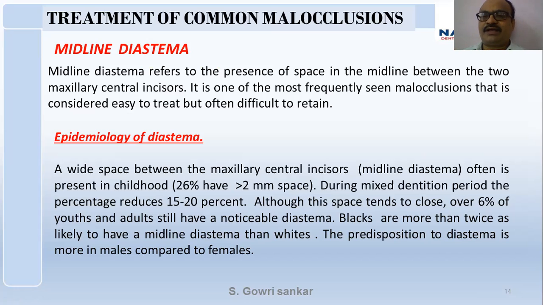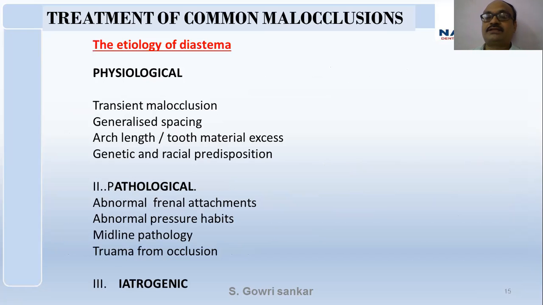But once the permanent canines erupt, this midline diastema should close. If the midline diastema is present even after the eruption of canines, then we have to treat it by orthodontic or non-orthodontic means. Usually, blacks have more predisposition than whites, and it is more common in males.